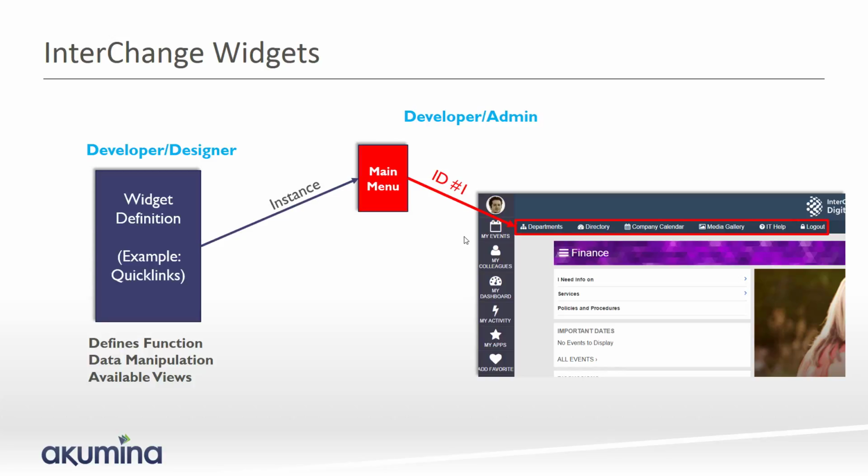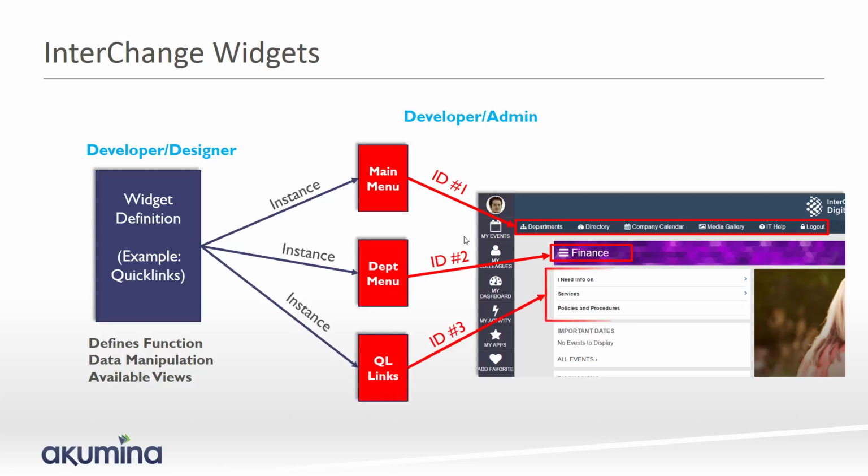One for the main menu, another for the department menu, and finally, one for the convenience links listing. Now, each of these instances has its own specific ID, and you'll see as we get into the details where that comes into play. Now, this is important to understand as we now finally get into the details.